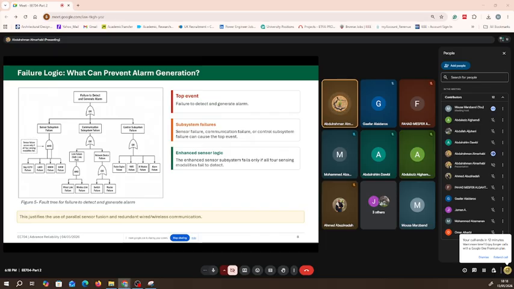For the sensor subsystem, the traditional system fails if the single day camera fails. In the enhanced system, there are four sensors: day, L-Ware, M-Ware, and S-Ware. Because these sensors work in parallel, the enhanced sensor subsystem fails only if all four sensors fail to detect the event.